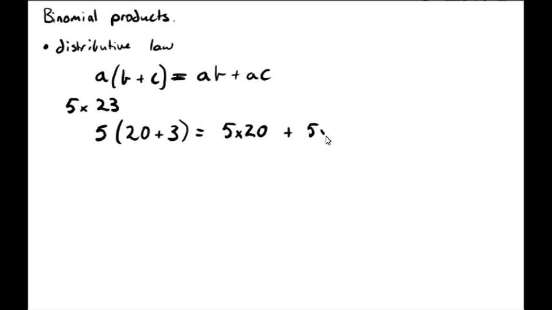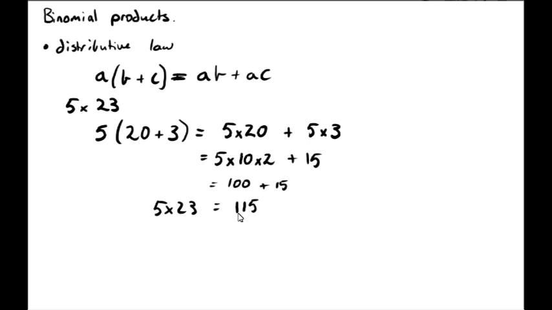I'm going to add that to 5 times 3. 5 times 20, I can actually say as 5 times 10, and I'm doubling it. Okay, which 5 times 10 is 50, double it, 100. Okay, 5 times 3 is 15, so I'm adding 15. And my answer is 115. So 5 times 23 is 115.